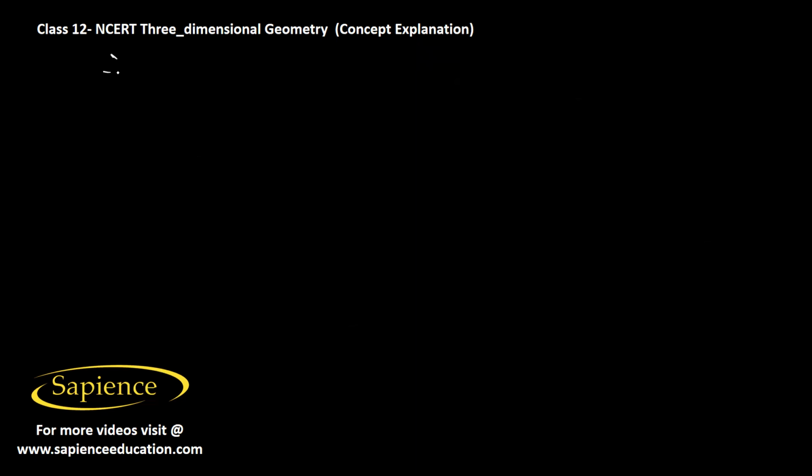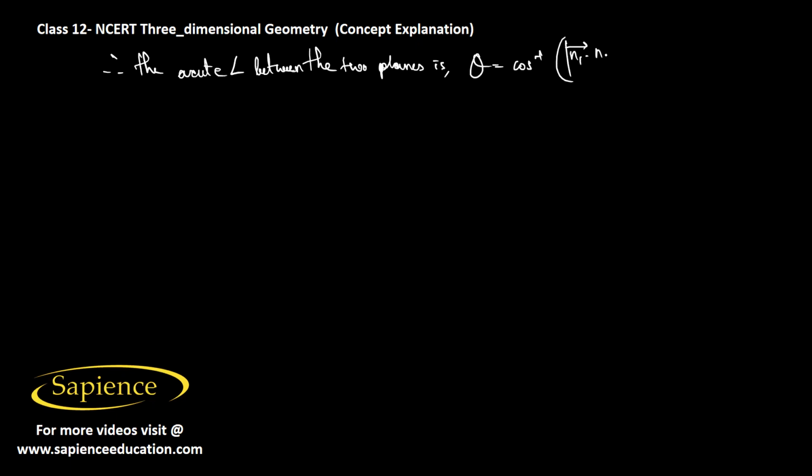So therefore the required acute angle between the two given planes is theta, which is equal to cos inverse of mod of n1 dot n2 by magnitude of n1 into magnitude of n2.